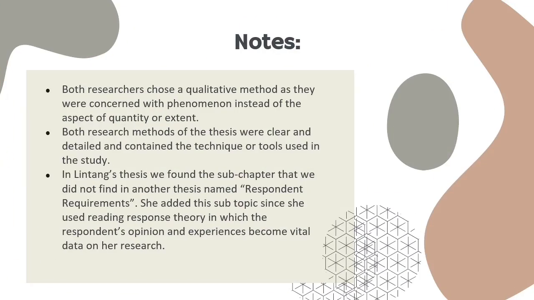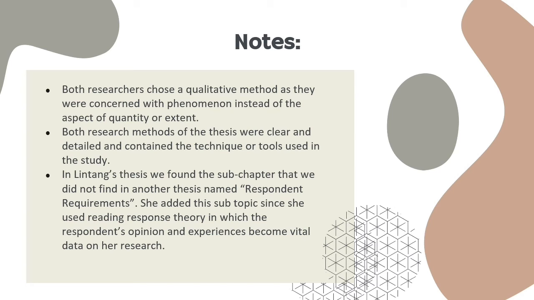From both theses, we can conclude that first, both researchers chose a qualitative method as they were concerned with phenomena instead of the aspect of quantity or extent. Second, both researchers' methods in the theses were clear and detailed and contained the techniques or tools used in the study.